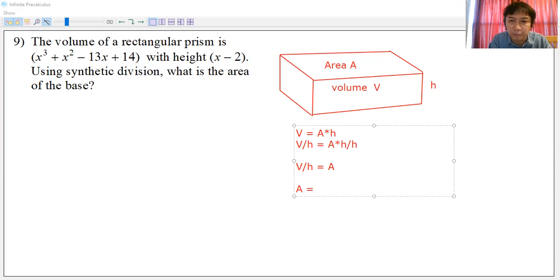It's volume divided by the height. And this is the solution. This is the way to do it.